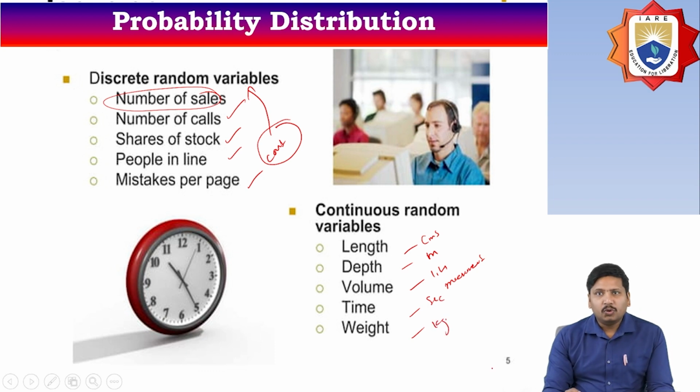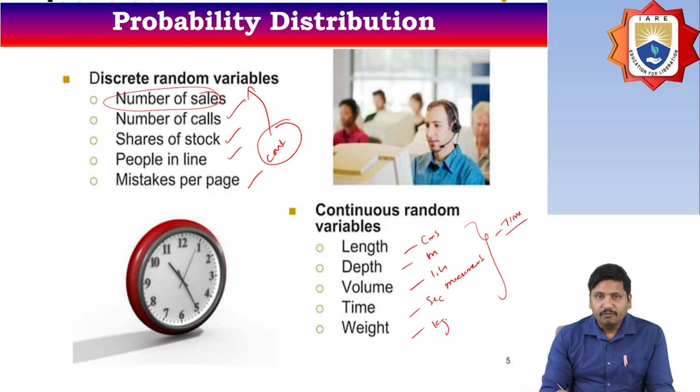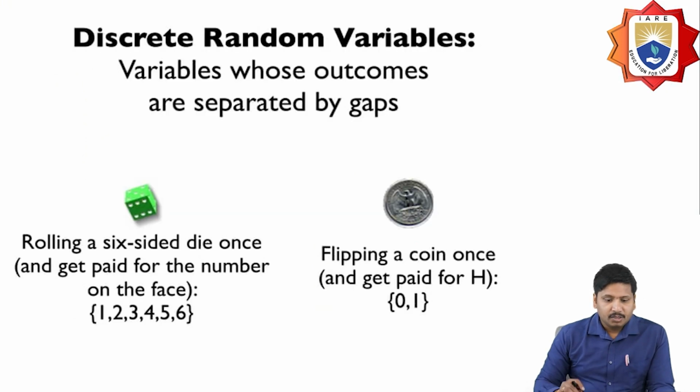So like this, we have so many different types of measurements, right? All of these come under continuous random variable. All these measurements can change with respect to time here. So this is also one of the factors we are going to consider.